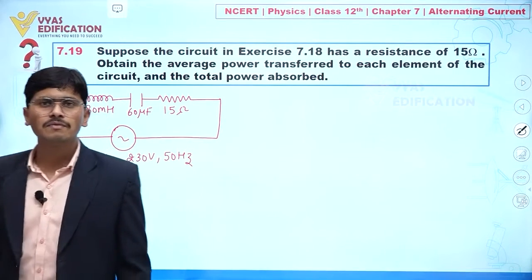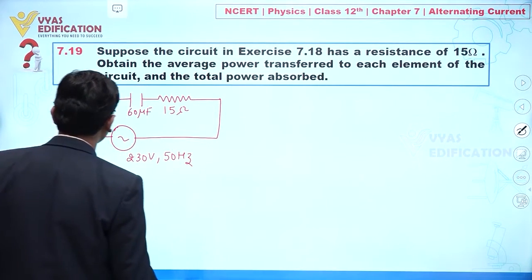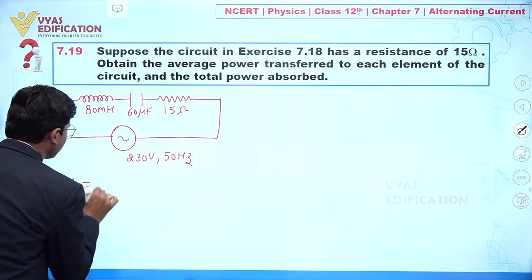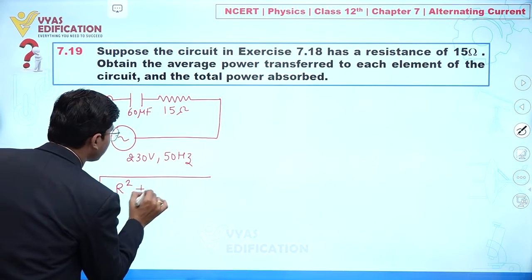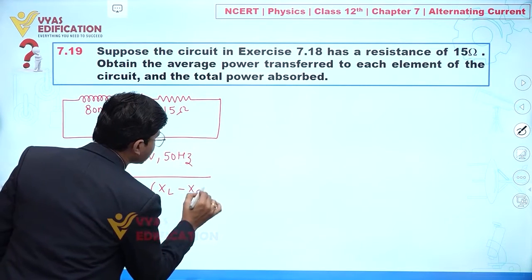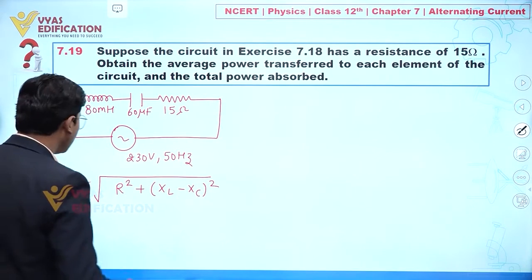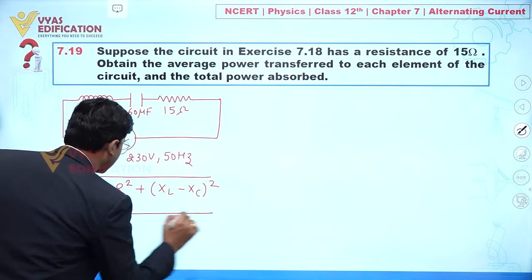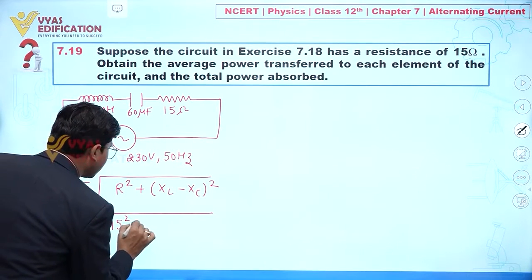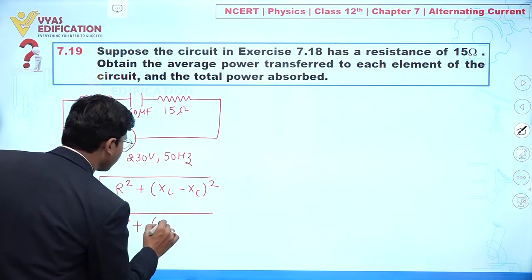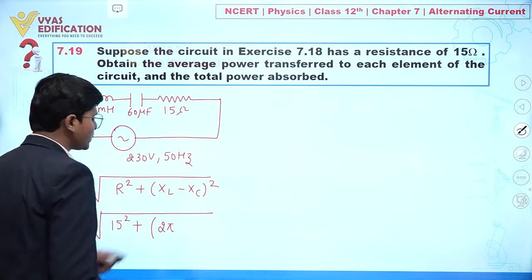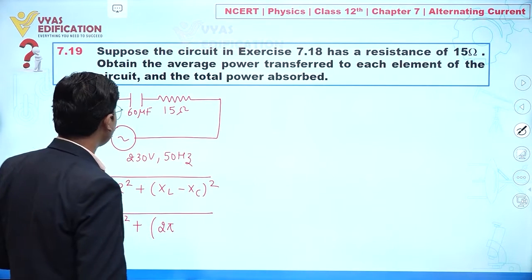It means first of all we will find the impedance of this circuit. Impedance is given by Z equal to the square root of R square plus (XL minus XC) whole square. We can also write it as 15 square plus, what about XL and XC? XL is equal to omega L, where omega is given by 2 pi f.